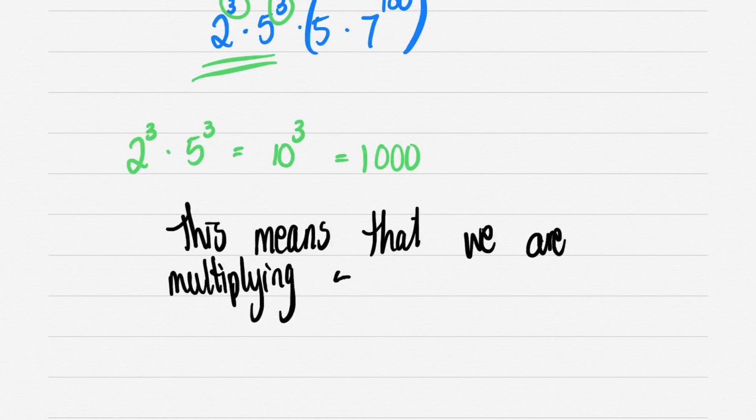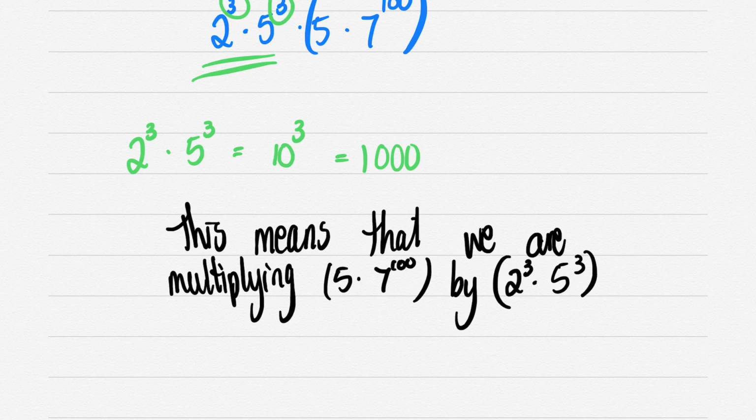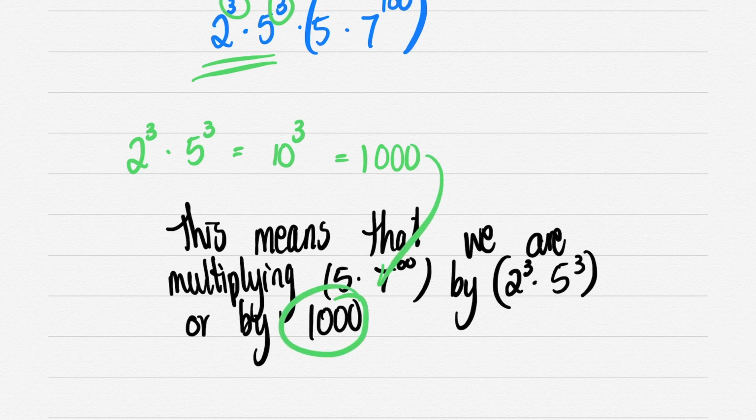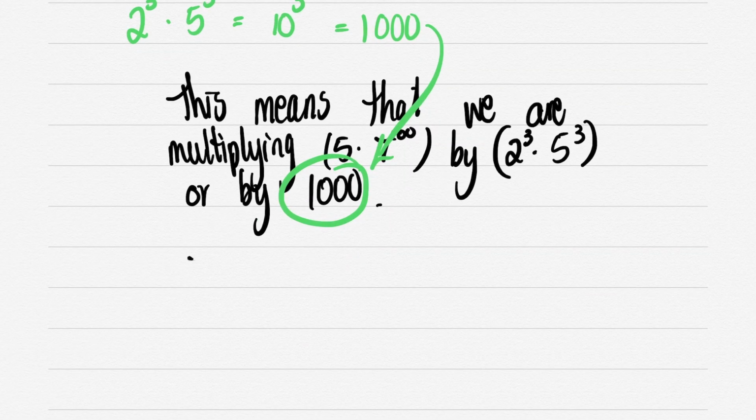So if you get any sort of random number and you can break it down into prime factors, and you can see that you've got a 2 and a 5 in its prime factors, you can then say, okay, well, I've got the same number of 2s and the same number of 5s, therefore I can determine the number of noughts at the end of the answer. So, as we saw over here, we've got 5 times 7 to the 100, and we know that at the end we need to multiply by 1,000.